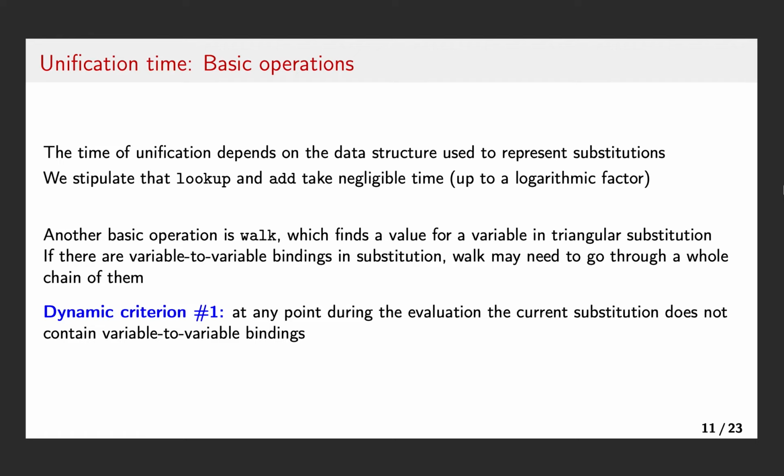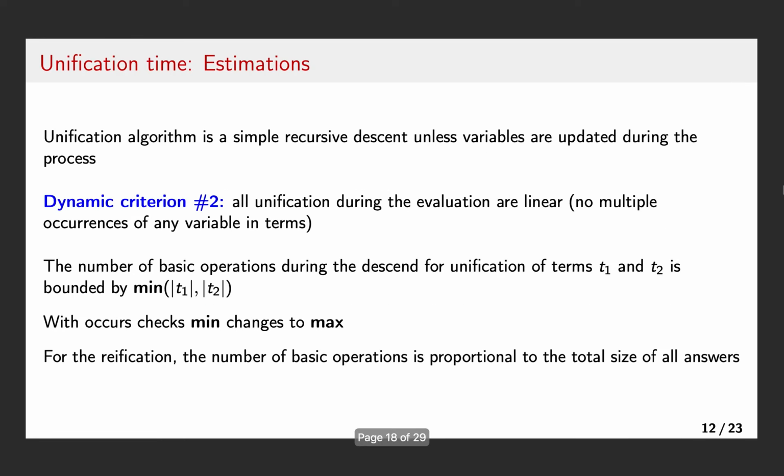But in our experience, variable-to-variable bindings are quite rare in practice. So as a first criterion, we impose the absence of such bindings during the evaluation. Under this condition, walk takes a constant number of lookups.